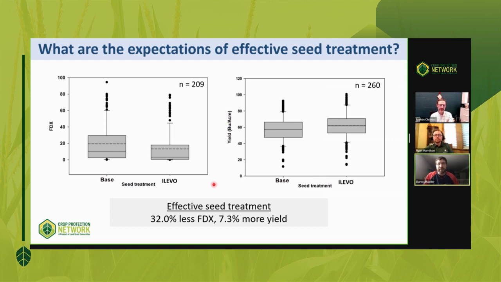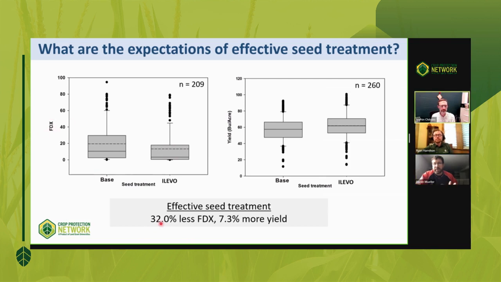This slide reiterates that. We looked at a big meta-analysis of the first 4 or 5 years of evaluating seed treatments, and this one just has Illivo, because that's the only product that was available when we were looking at it. Essentially it's showing that it's not eliminating disease. It reduces the foliar symptoms by about 32% on average.